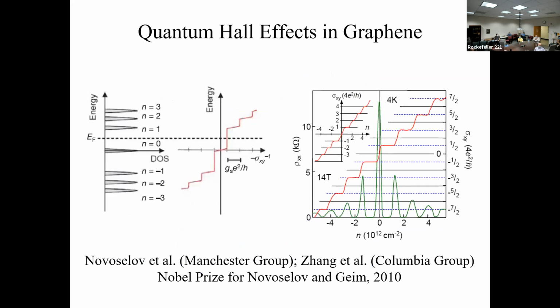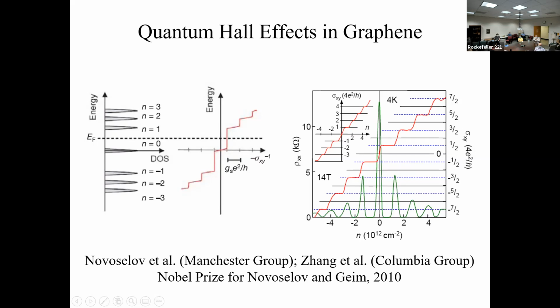The third one is the 2010 Nobel Prize for the discovery of graphene as a system that supports Dirac electron behavior. The way they figured out that we have Dirac instead of Schrodinger electrons is this unusual sequence of integer quantum Hall states, which in some sense, not in the literal sense, is quantized not at integer but at half-integer values.